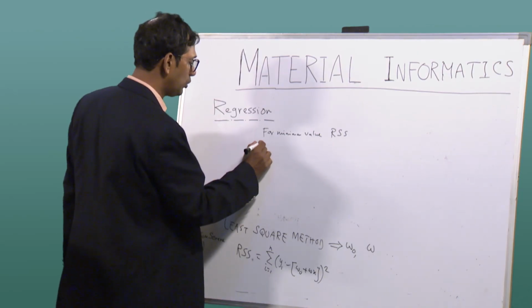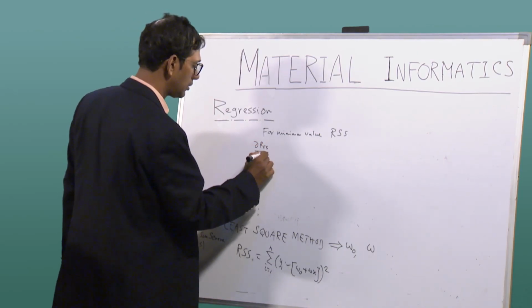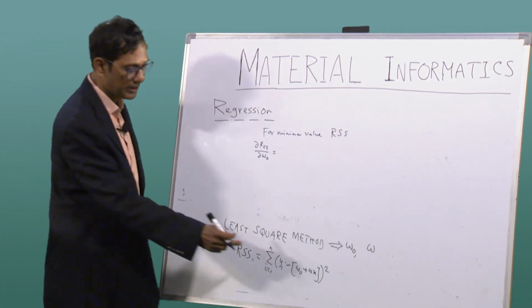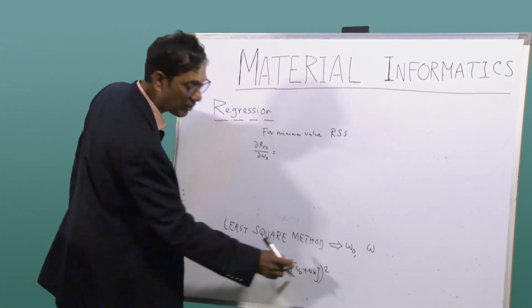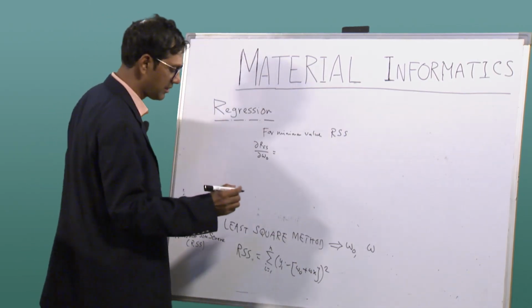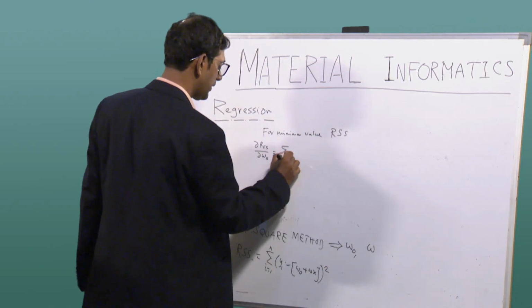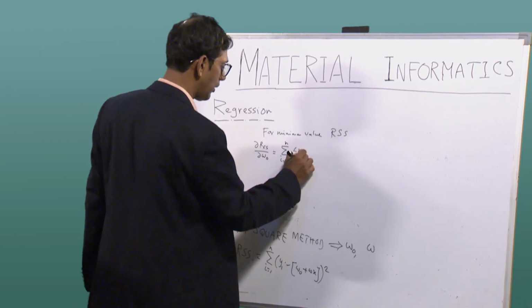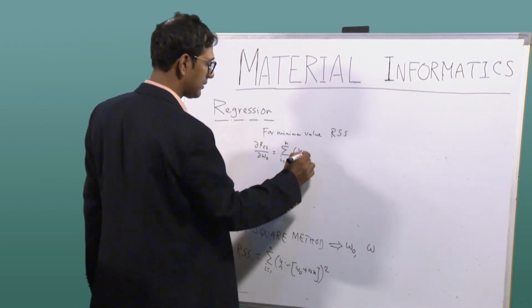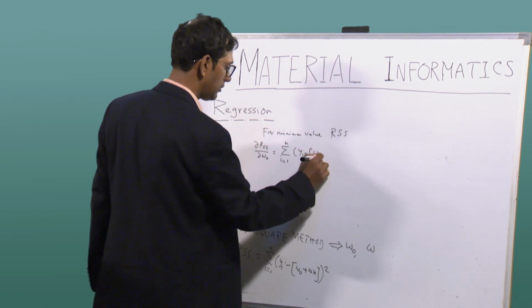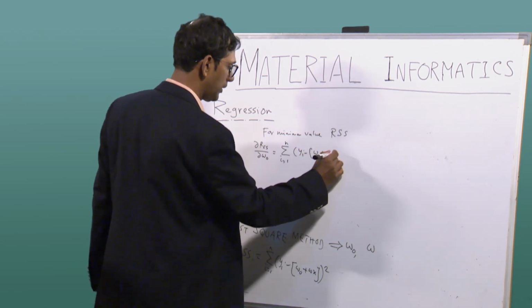So, there will be two equations possible, because there are two coefficients, W0 and W. We take the derivative with respect to W0 first. So, it will be the sum over i from 1 to n of yi, because remember this is a square, minus (W naught plus W into x).